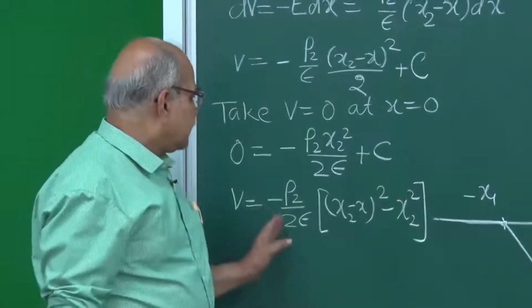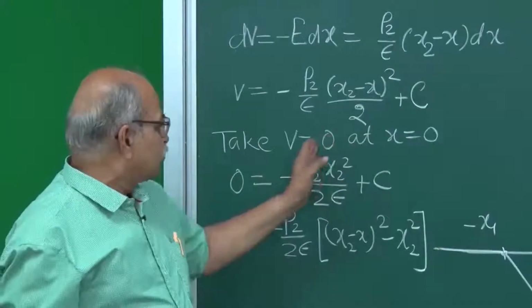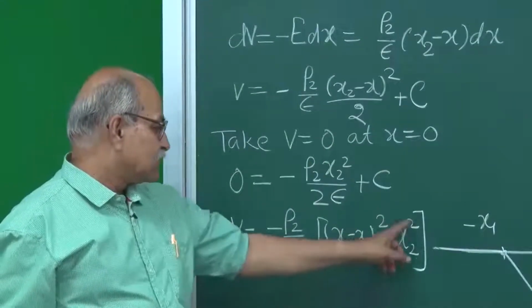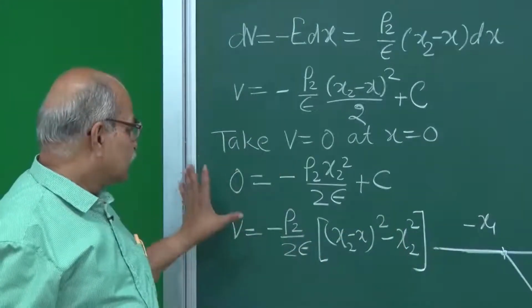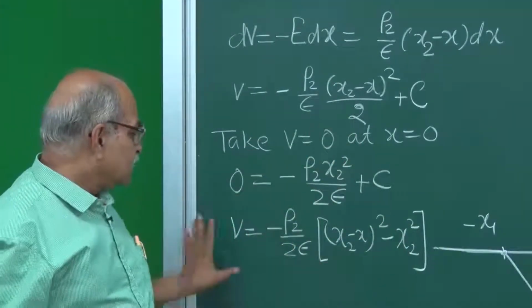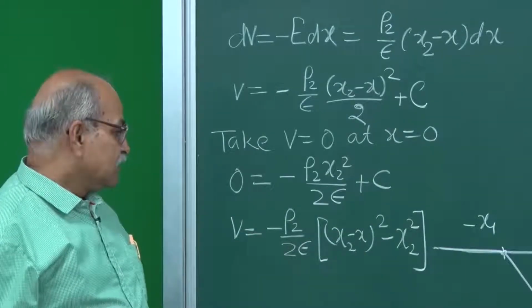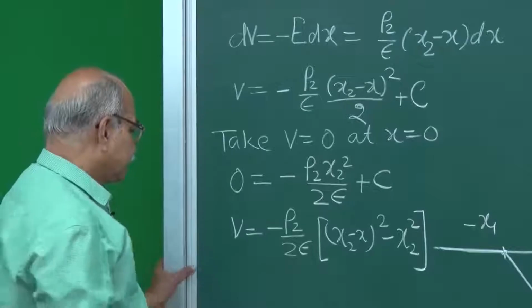So, let us check that at x equal to 0, V should be 0. At x equal to 0, it is x2 square minus x2 square, that is 0, that is fine. So, we have substituted it correctly. This is the expression for V. And what is V at x2?